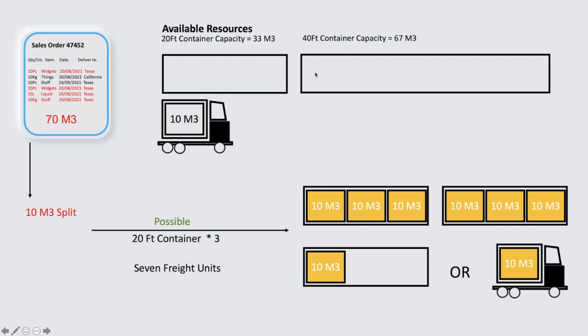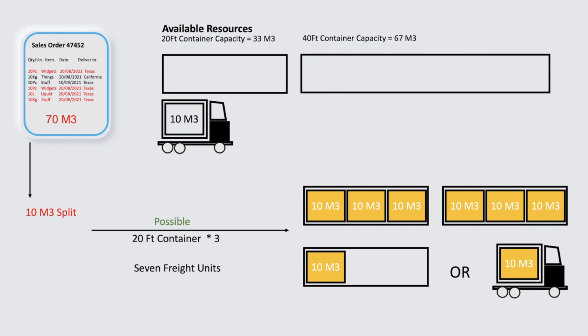I can combine, like for example here I could put 4 freight units into that 40-foot container. I could put, for example, 3 10 cubic meter freight units into my 20-foot container. I could also use 7 rigids, each having a freight unit of 10 cubic meters.